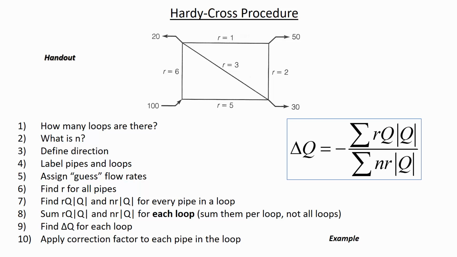So this 100 units of water that enters the network faces a decision. It's going to go two directions. Some of it's going to go through this pipe, some of it's going to go through that pipe, and in this procedure we have to start with a guess value. And the guess value has to honor continuity.